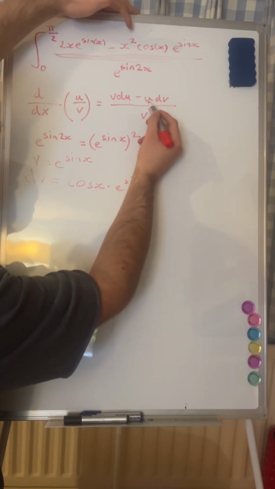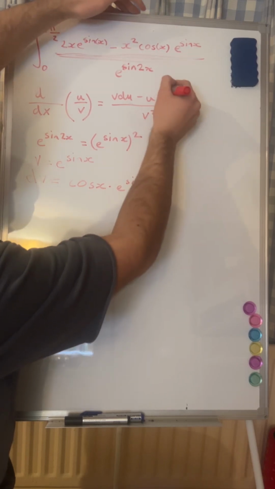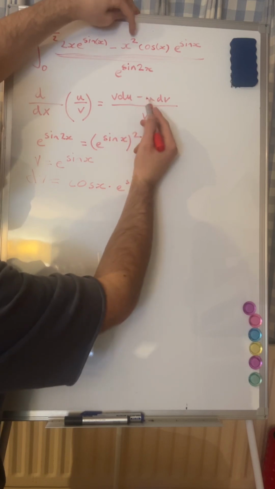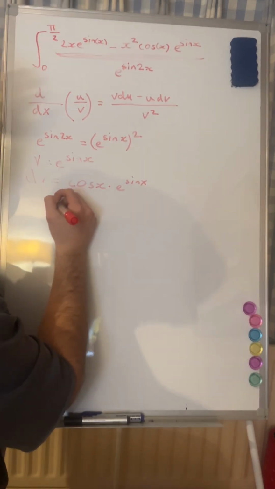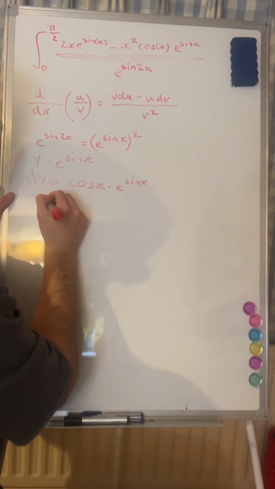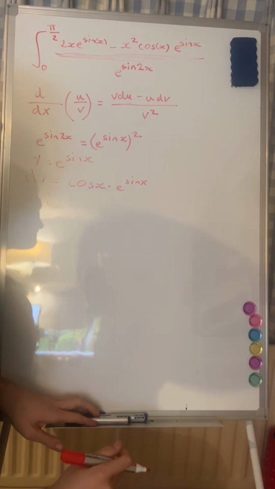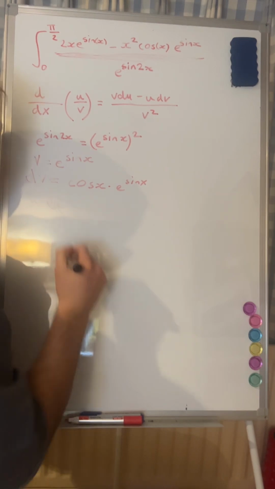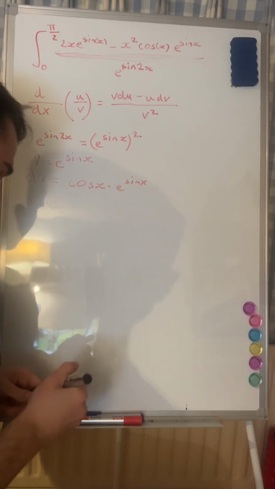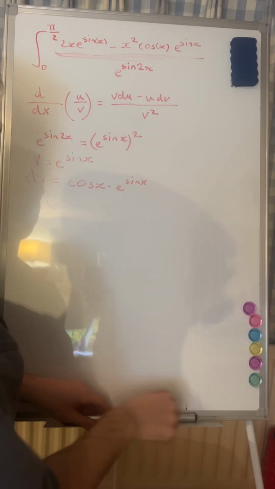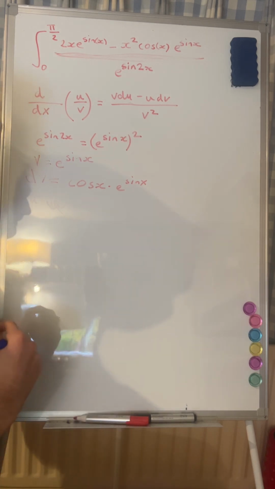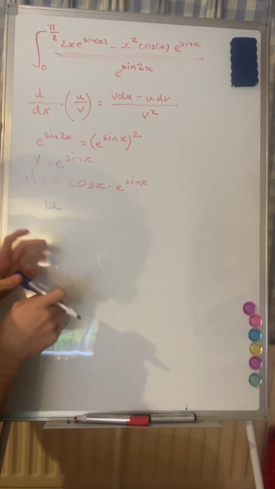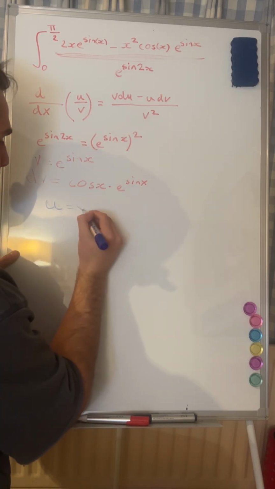So if we compare dv to what we have, we can say that u equals x squared.